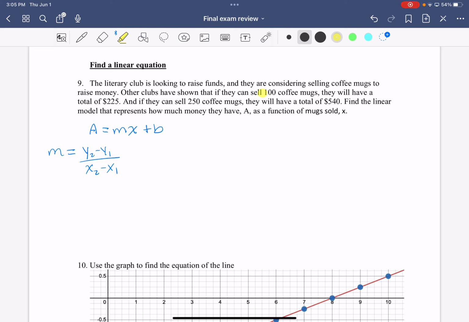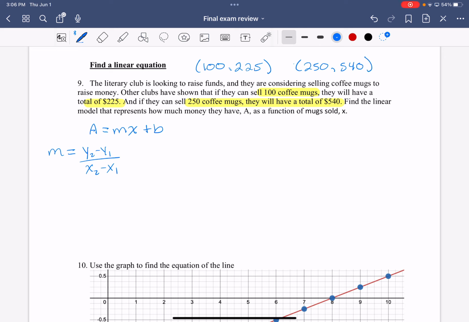For instance, we're told 100 coffee mugs is $225. Then I was also told 250 coffee mugs is $540. So that's the second point. Those are my 2 points.